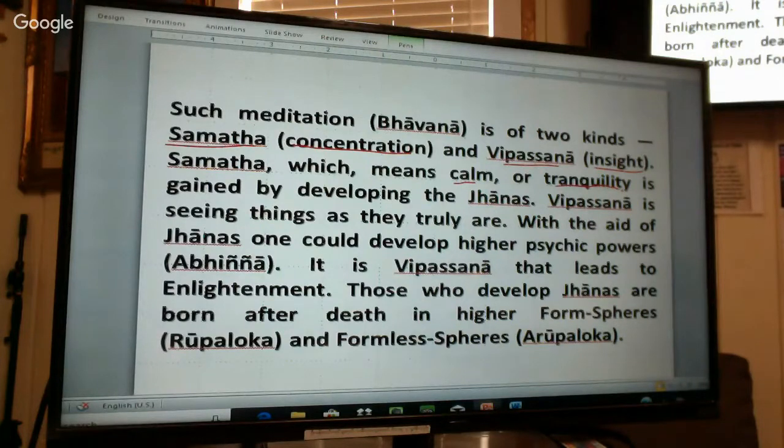But vipassana is seeing things just as they truly are, arising every single moment. Just your body and mind, not some other special object. For samatha, we need a special meditation object, isn't it? But if you practice vipassana, you don't need a special object. You have breathing in and out. Always you have it.